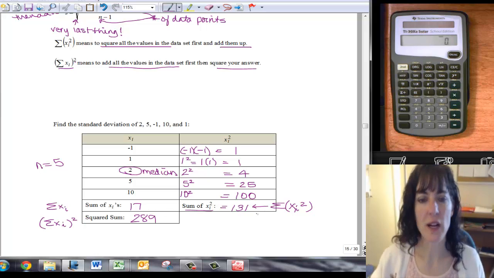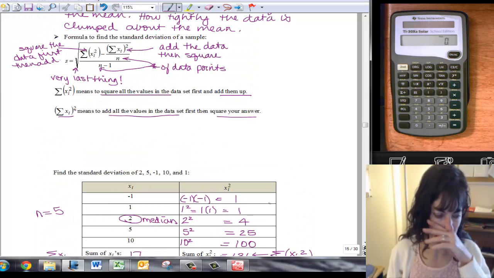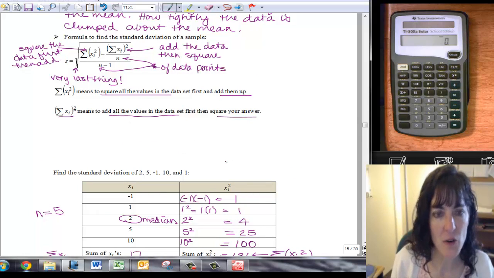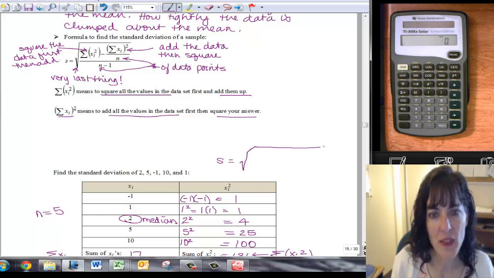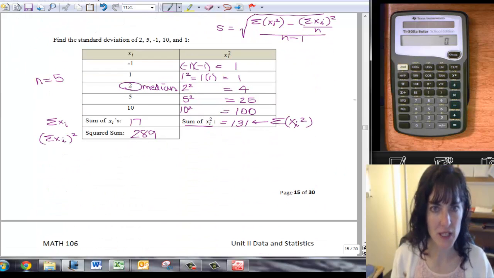So I can see there that I have all the values I need for my formula, and I just want to rewrite my formula right down here so we can see it when I scroll. So my s for standard deviation is the square root of the summation of my x sub i's squared minus the summation of my x sub i's, and then after I sum them, square them, over n, the whole thing over n minus 1. Okay, so there's my formula. Let's plug things in.